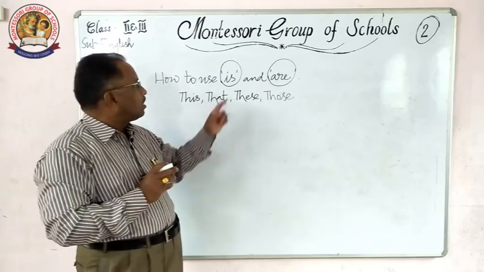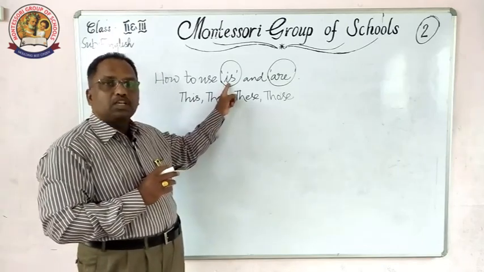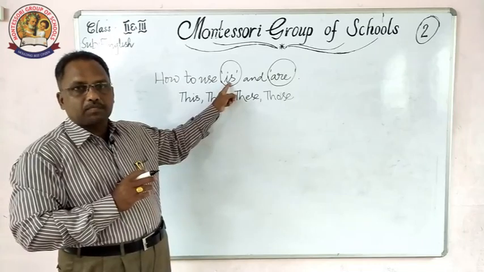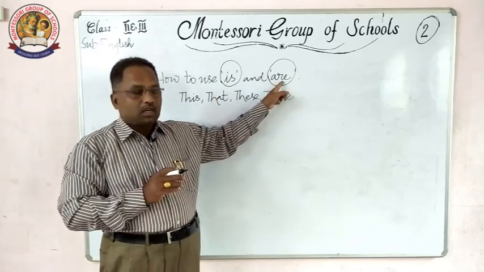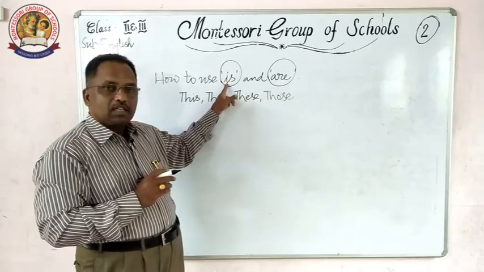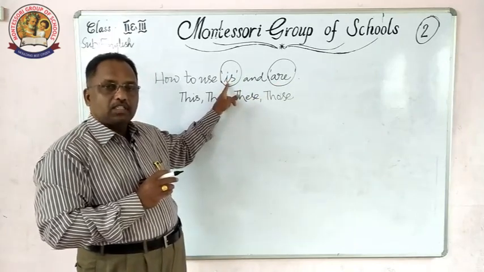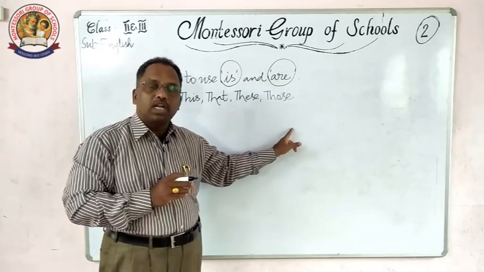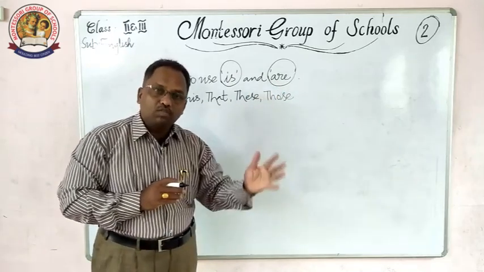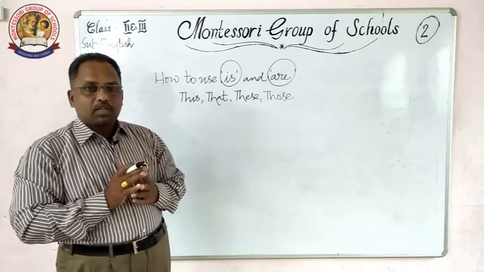Is we consider as singular form. Are is a plural form. We use is with singulars and are we use with plural, whether nouns or pronouns.